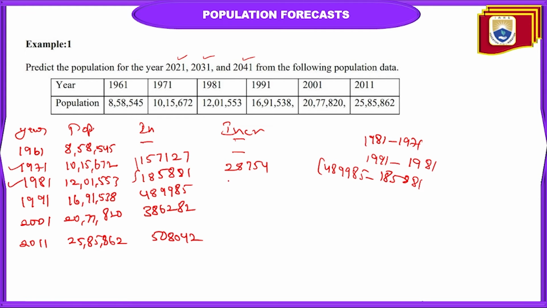The difference here is around, we'll get nearly 30,000, sorry, 4104. Similarly, the increment in 2001 is minus 103, and then in 2011 it is equal to, so this got increased. Here it is decreased due to various reasons.